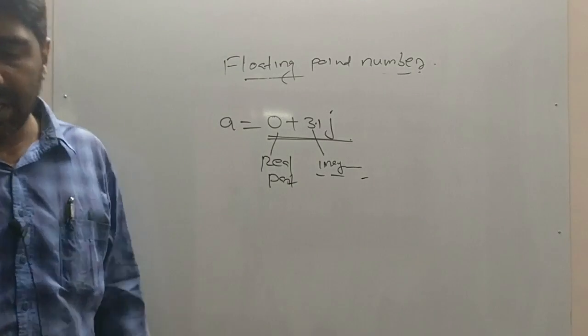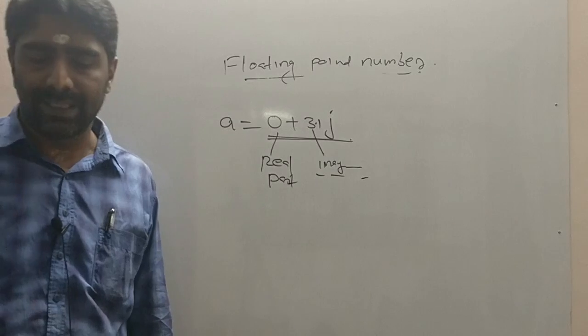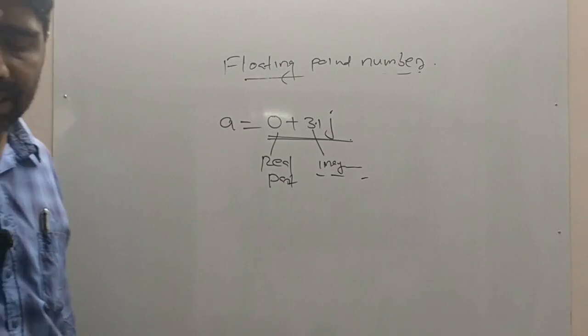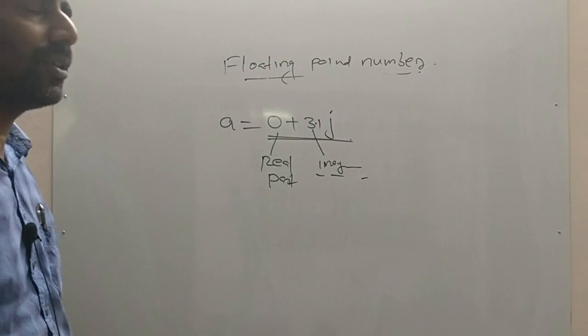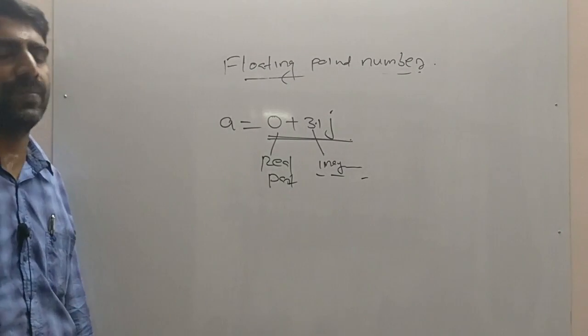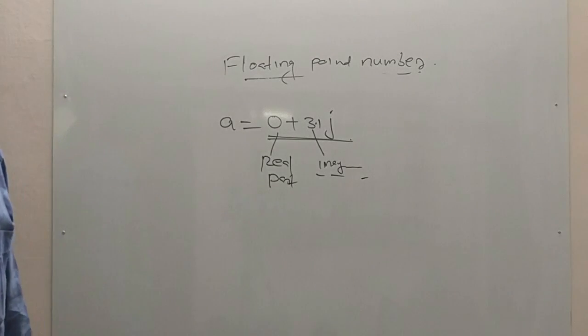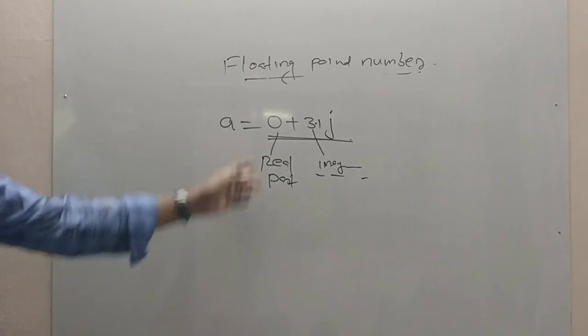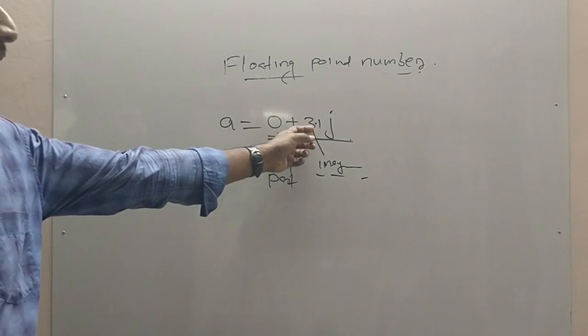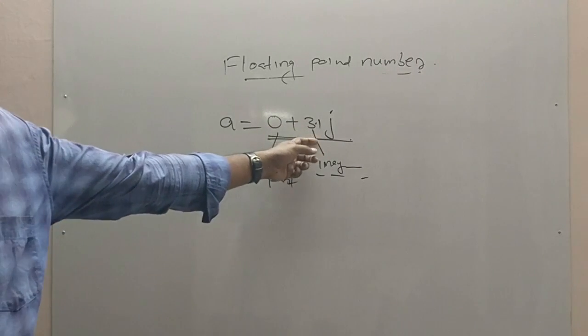The real and imaginary part of a complex number z can be retrieved through the attributes z dot real and z dot imag. Suppose an example: a is equal to 0 plus 3.1j.